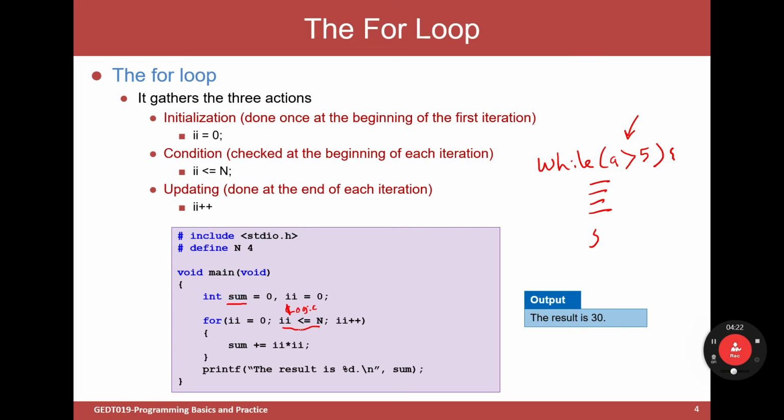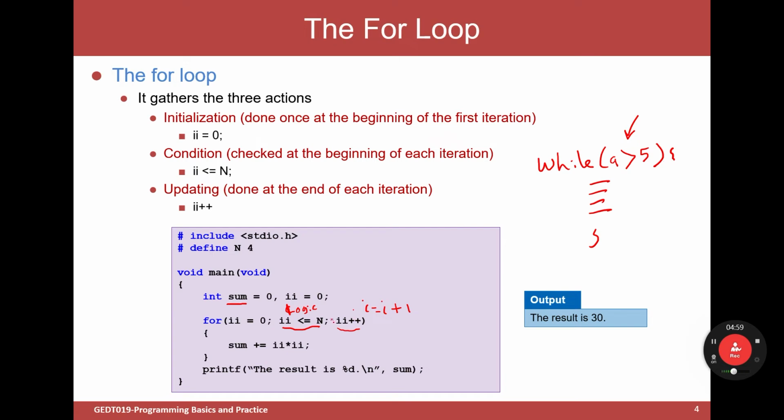Until this logic is true, do some operation over i, so increase i, and then run this code. The i plus plus means increase i, make i plus 1, so i equals the old i plus 1. This is the meaning of it.